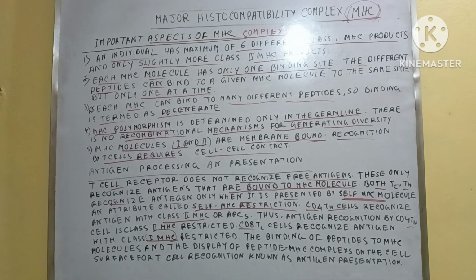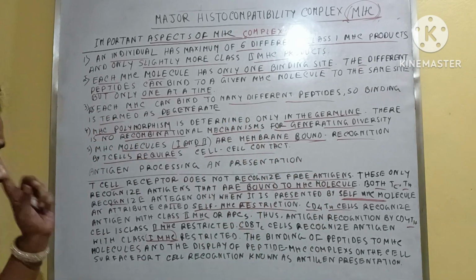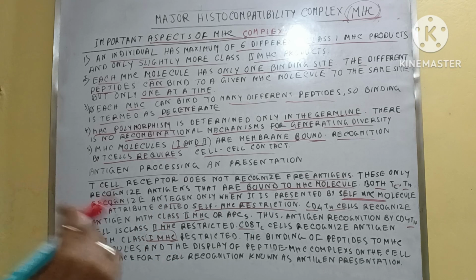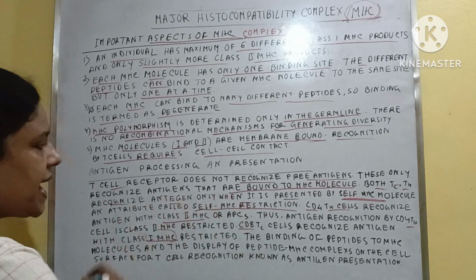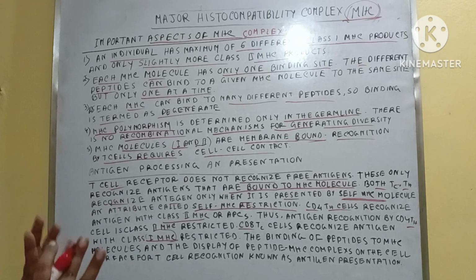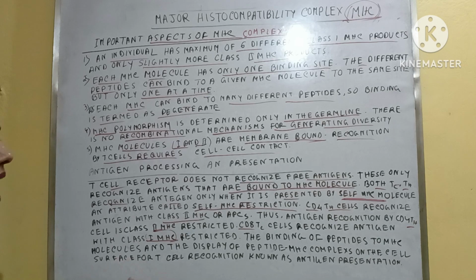If CD4 is bound with MHC1, then the T cell cannot recognize it. If CD8 is bound to MHC2, then the TC cell cannot recognize it.